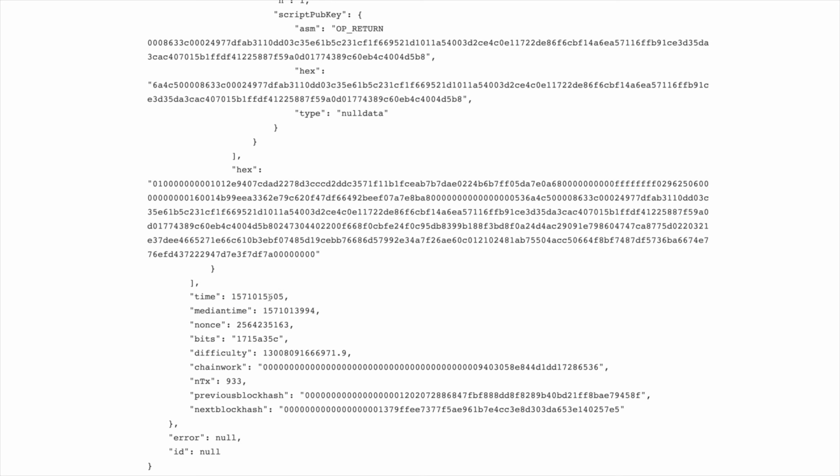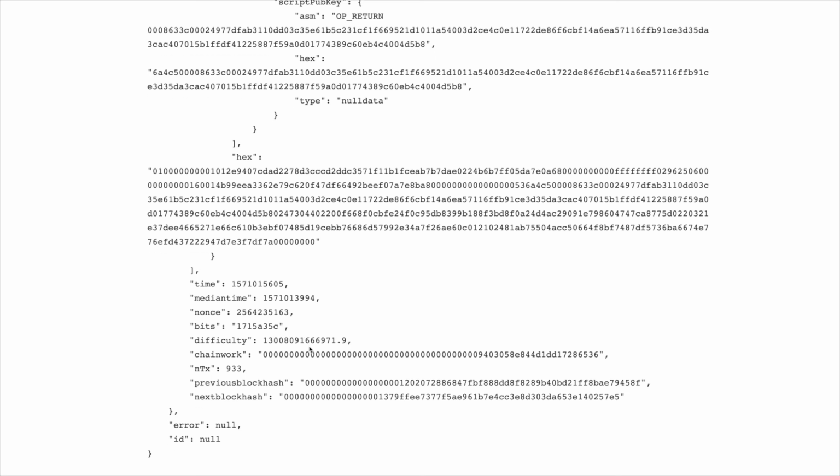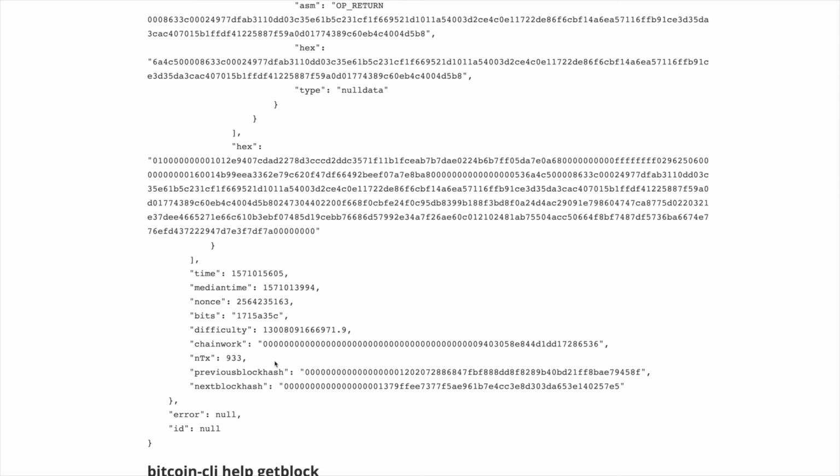So this time has to be larger than that time, otherwise it would treat this block as invalid. Nonce, the bits and difficulty, how hard the proof of work is, number of transactions, previous block hash, and next block hash. So this is referencing the previous one, and this is referencing the next one.